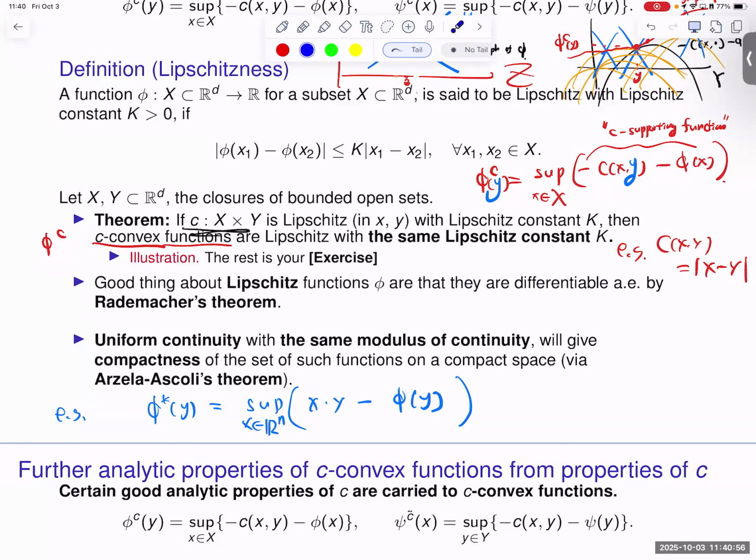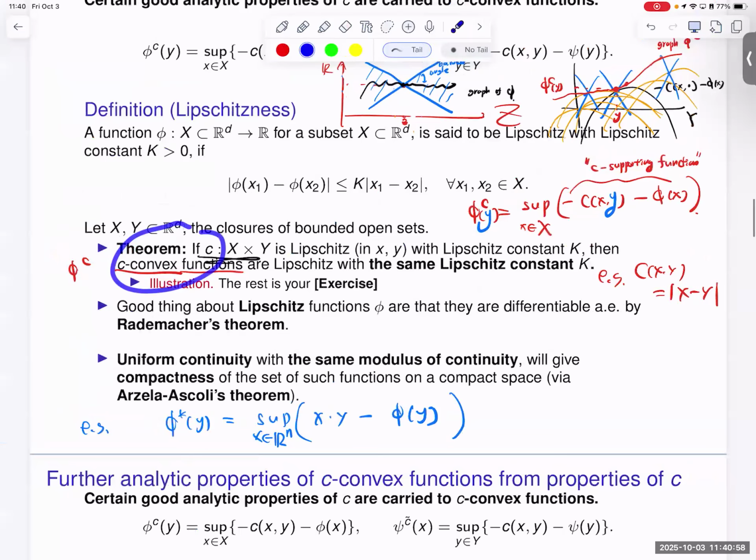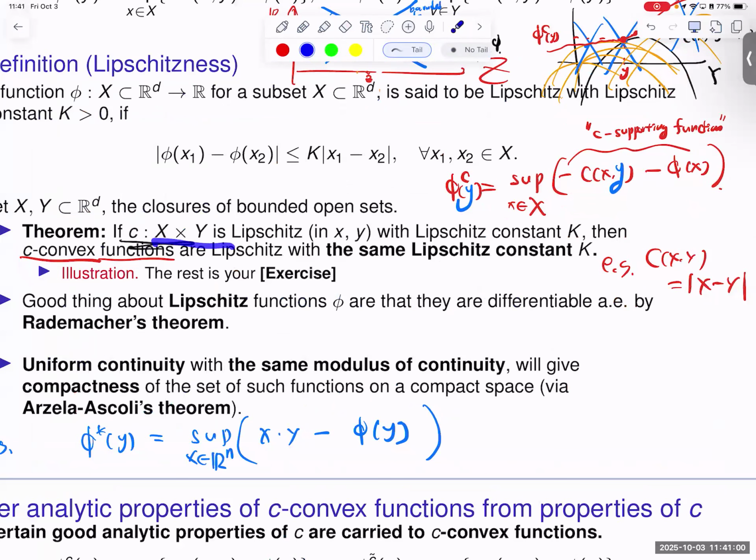So this theorem does not necessarily apply, because it assumes that C has the same Lipschitz constant K, independent of x and y. But here, if x is very large, you cannot bound it by any finite Lipschitz constant K. Am I making sense here?